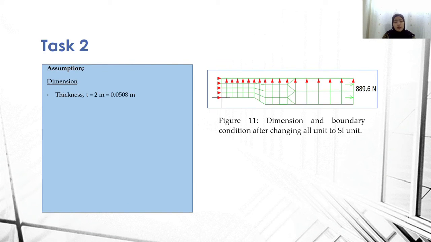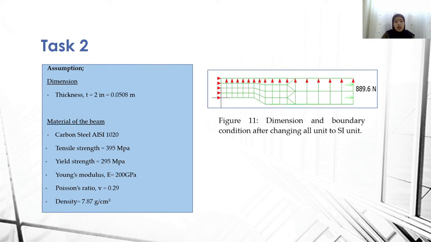We make an assumption that the thickness of the model is 2 inches, or equivalent to 0.0508 meter. The material assumed is carbon steel AISI 1020.